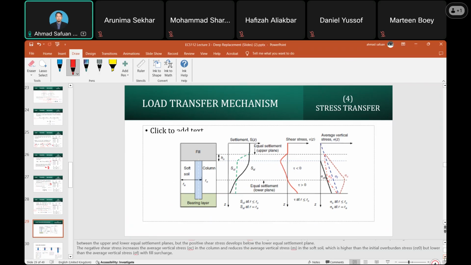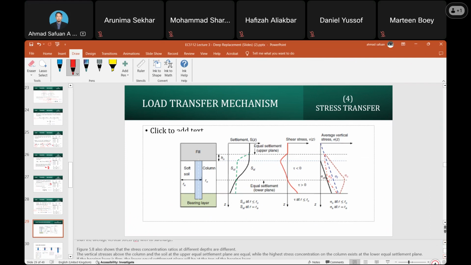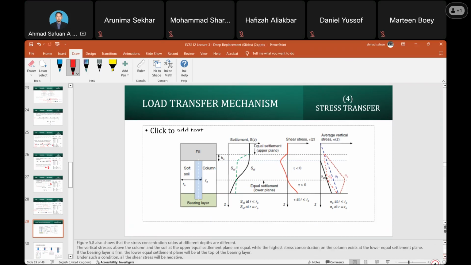The negative shear stress increases the average vertical stress in the column and reduces the average vertical stress in the soft soil, which is higher than the initial overburden stress, but lower than the average vertical stress with full surcharge. This shows the stress concentration ratio at different depths.